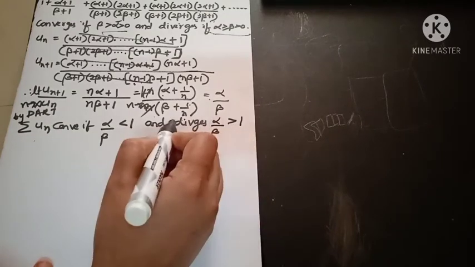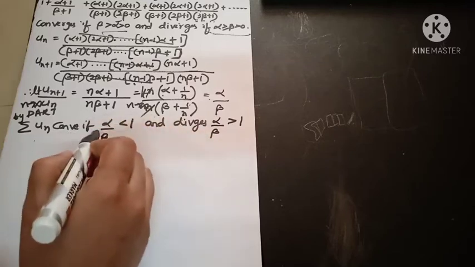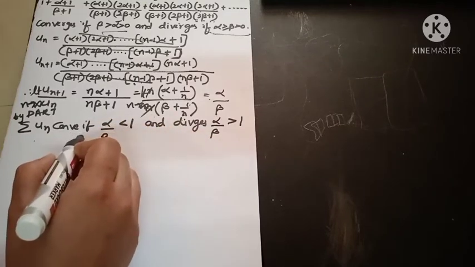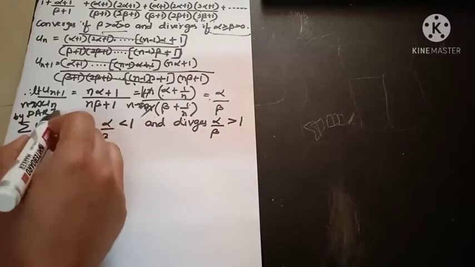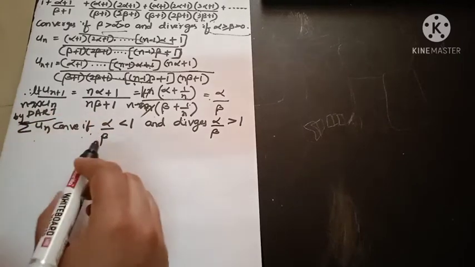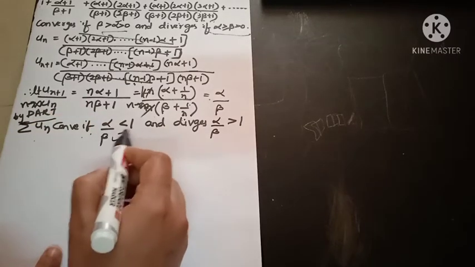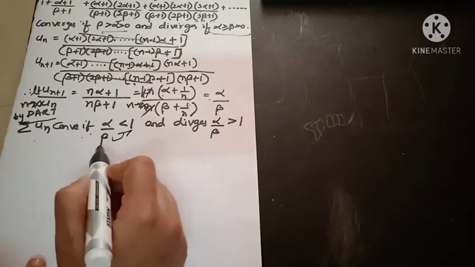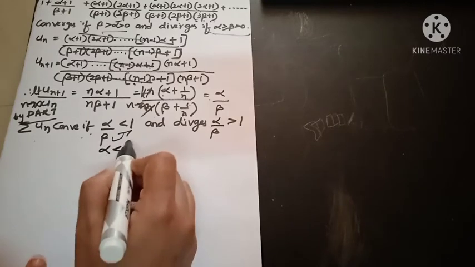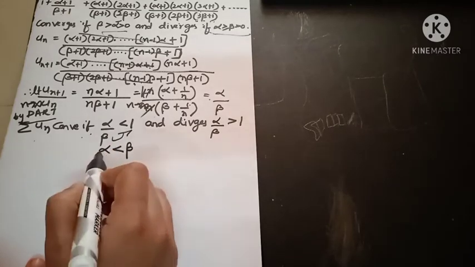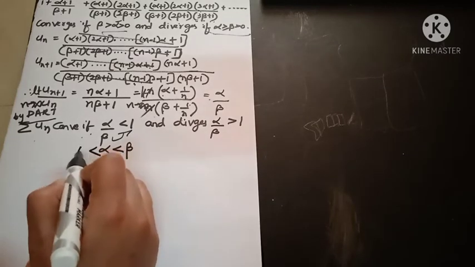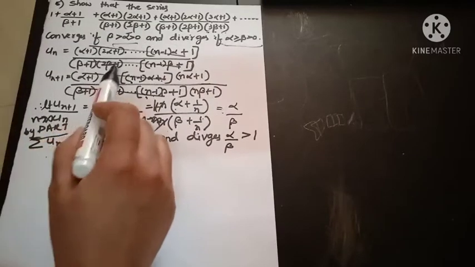In that case it diverges, and if it is less than 1, the series converges by D'Alembert's ratio test. So if you cross multiply this, it will become alpha is greater than beta. Clearly alpha is greater than 0. So which is our first condition.